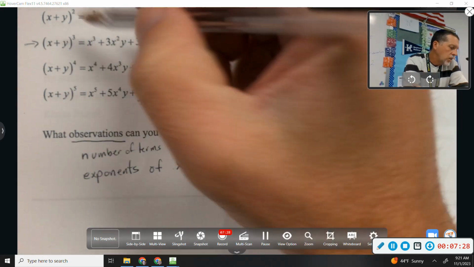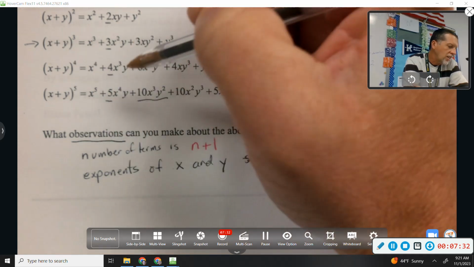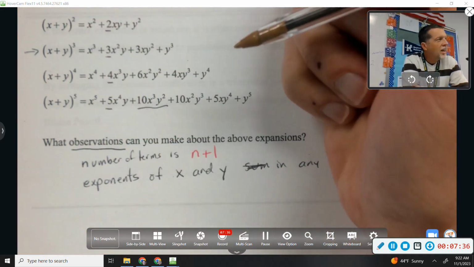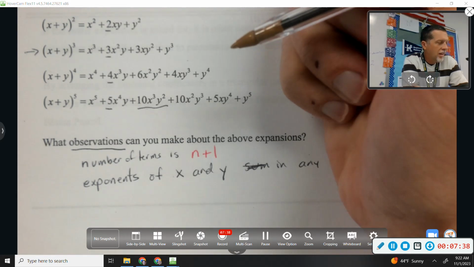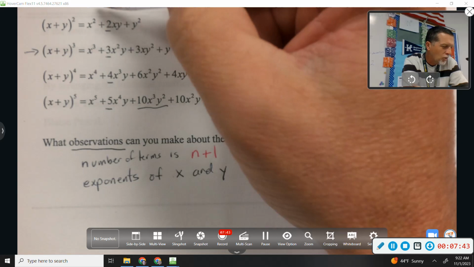Okay, so can I phrase it this way? The coefficient of the second term is always n? That's one way to say it. That's not really what you were saying, but that's sort of where we're headed.